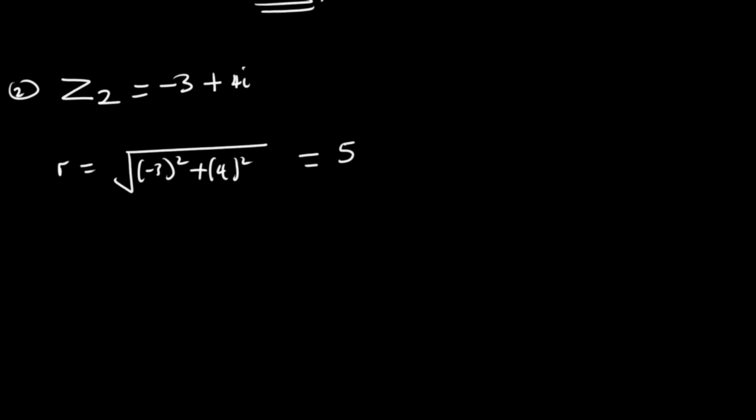So to find the argument, which is theta, let's draw the complex plane. So if you look at this complex number z2, we see that we have negative 3 plus 4i. So the real part is in the negative part of the graph, which is negative 3, and we have 4i.